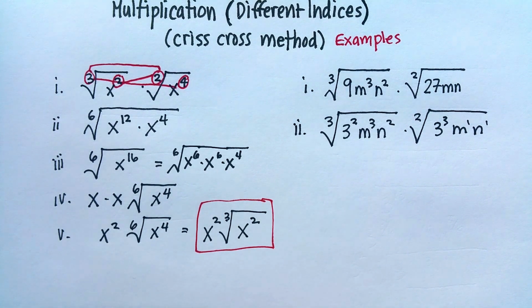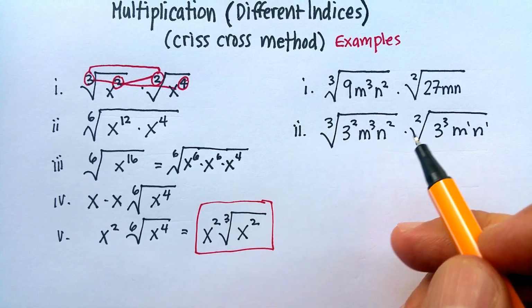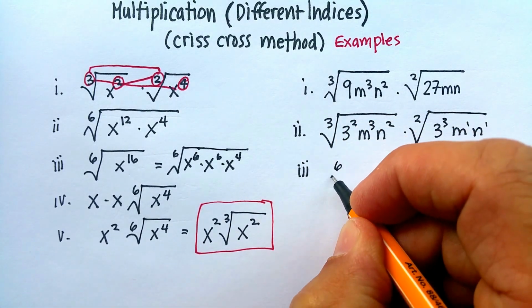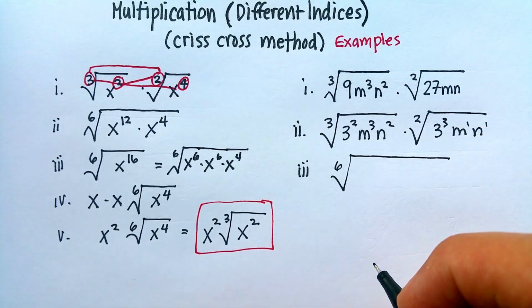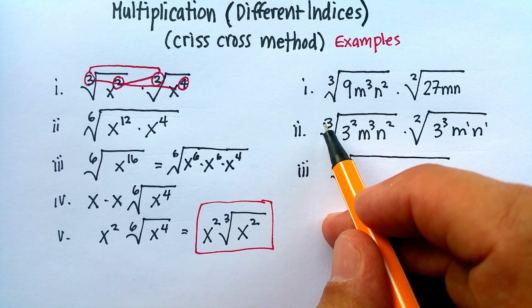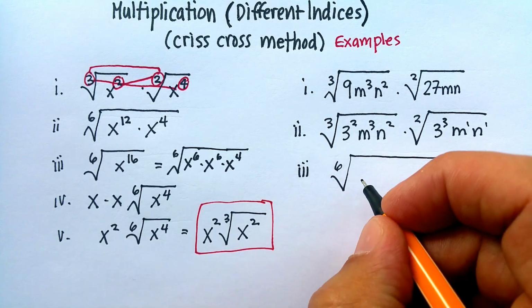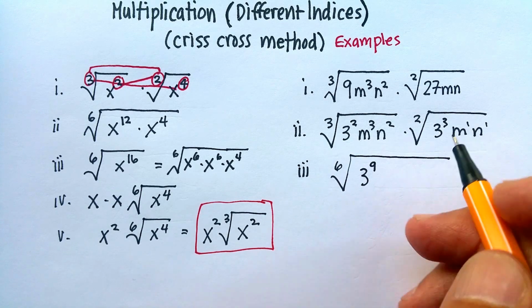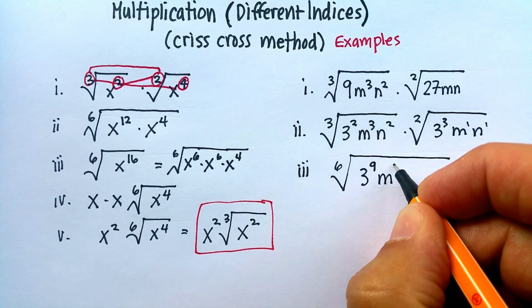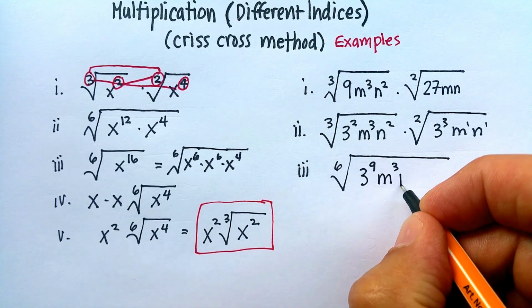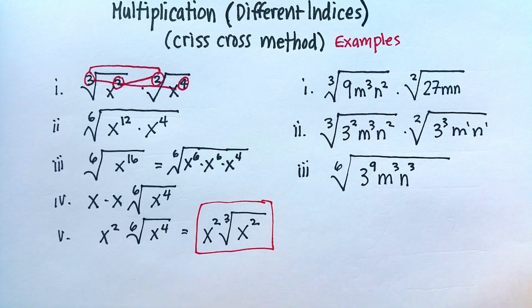So again, just like before, take the index, multiply those first, and I'm going to get the 6th root of whatever comes underneath. I'm going to do 3 times 3 cubed, which is 3 to the 9th, 3 times m to the 1st, which is m to the 3rd, and then 3 times n to the 1st, which is n to the 3rd.